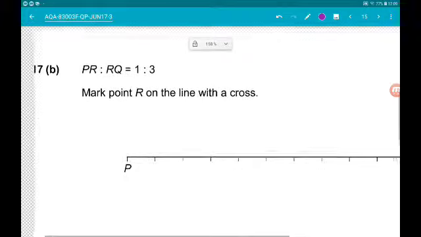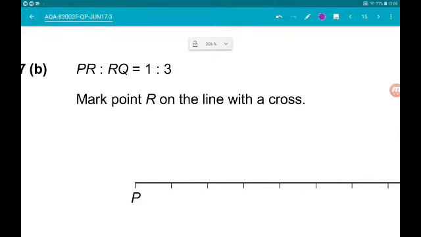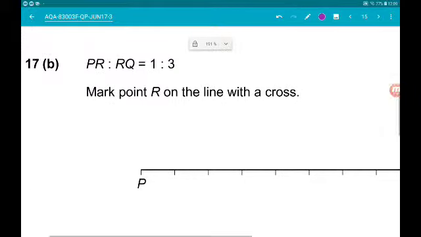Part B says that PR to RQ is 1 to 3. Mark point R on the line with a cross. Okay, so very slightly different this one.